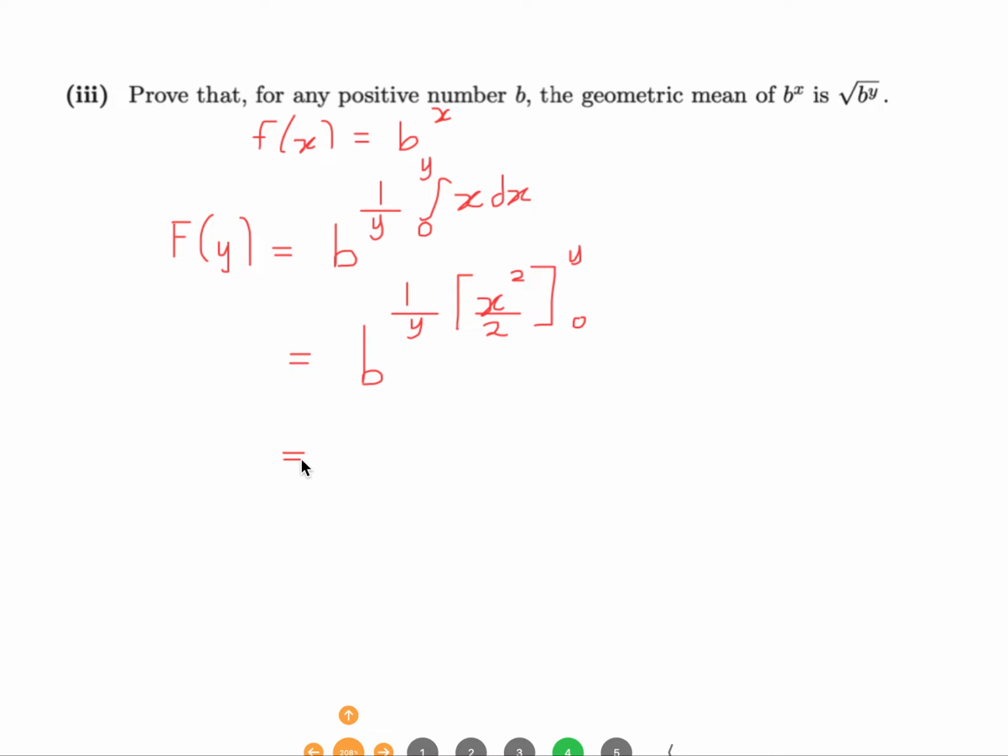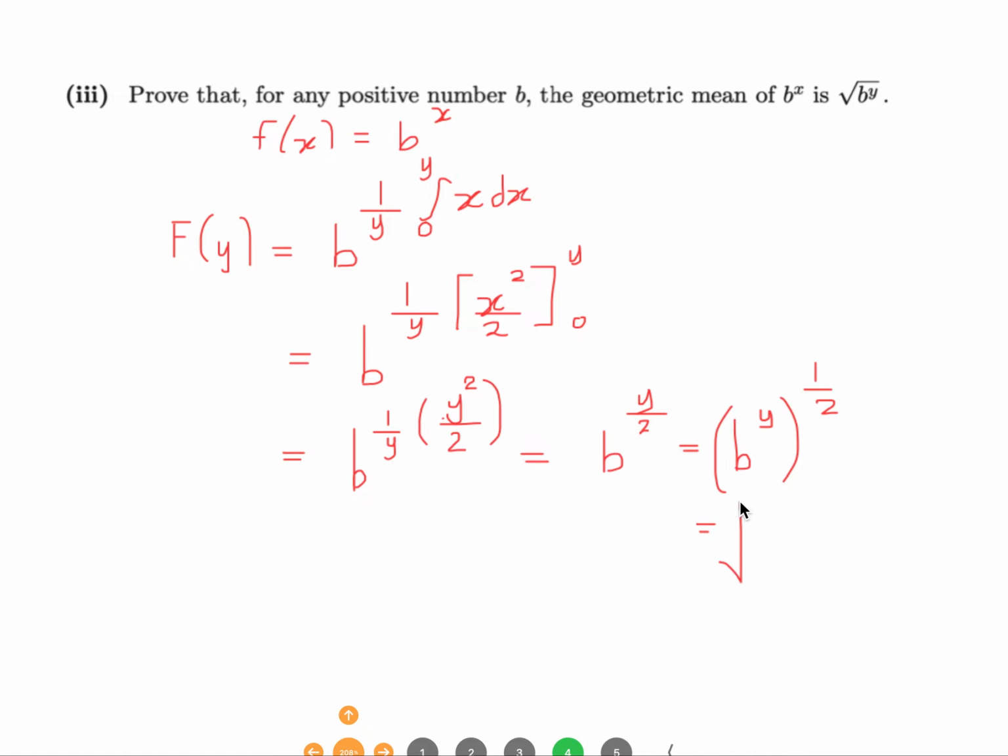Well, that's going to be b to the power of 1 over y times y squared over 2, which is b to the power of y over 2, which is b to the power of y all to the power of a half, which, as we can see, will give us the result.